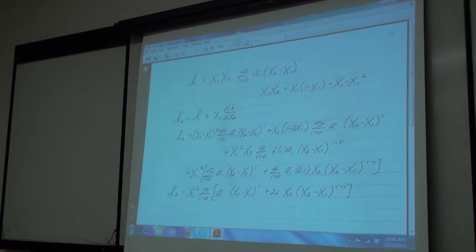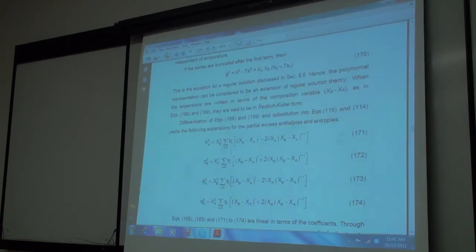Just to repeat what I said about the Gibbs-Duhem, however, were you to start with, let's say, this expression for the partial excess property of A, okay, then the model says that's the excess property of B. But remember, if you started with excess A, this is all you have. You don't have the integral property.